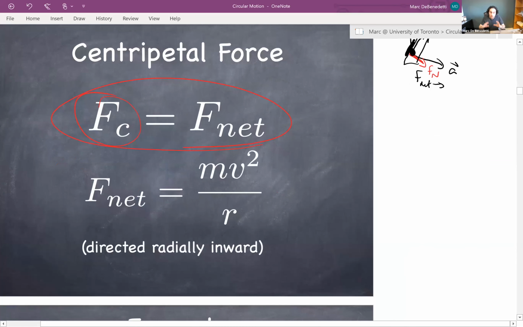Now, how do we modify our analysis now that we're doing circular motion compared to regular motion? And the answer is virtually unchanged, with the exception that acceleration is no longer linear. It is centripetal, it's circular. So what we do is we still start with a free body diagram, as we always do.